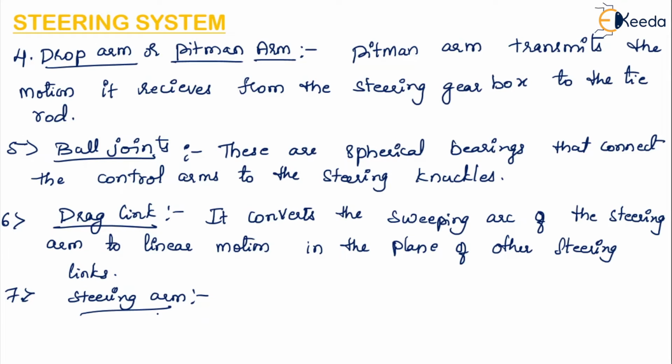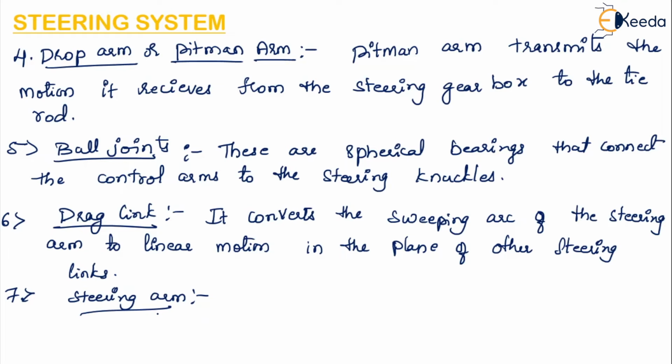The basic function of the steering system is to allow the driver to safely and precisely steer the vehicle. The steering system also provides a way to reduce the driver's effort by making the act of steering easier.